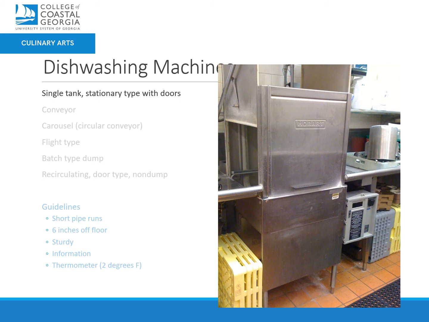So here's the first type of dishwasher I want to talk about. This is a single tank stationary type with doors. By stationary, it means that the dishes stay put in the middle when you go in. I'll describe some of the parts. We have a door here and another one on the other side where the dishes go in.